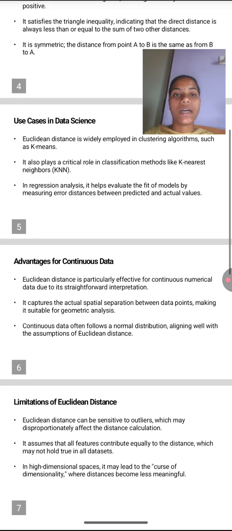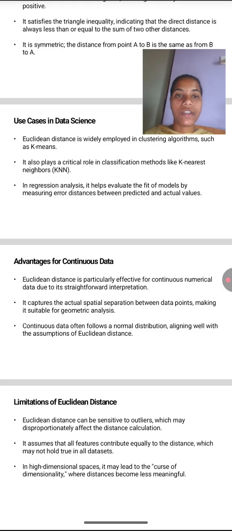So, when it comes to another slide, the advantages for continuous data. Euclidean distance is particularly effective for continuous and numerical data due to its straightforward interpretation. The second one is that it captures the actual spatial separation between data points, making it suitable for geometric analysis.